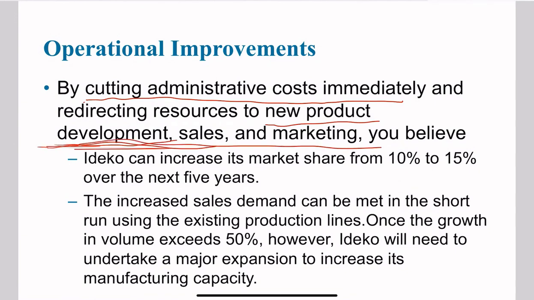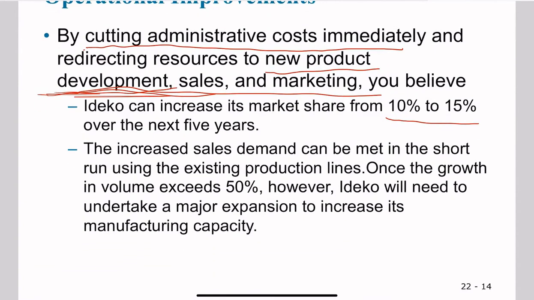And after doing this, you will make some projections. So you believe Idaco can increase its market share from 10% to 15% over the next 5 years. And you will also think about capital expenditure.